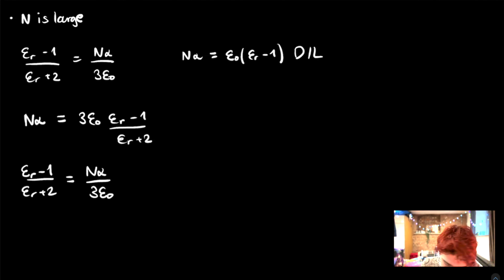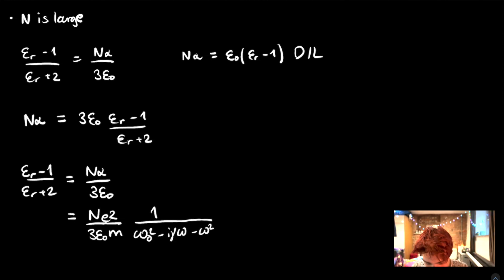So let's go ahead and substitute alpha, which is what we derived in the previous video, our frequency dependence of the polarizability. And we're going to get n over 3 epsilon naught times e squared divided by m times our factor right here.